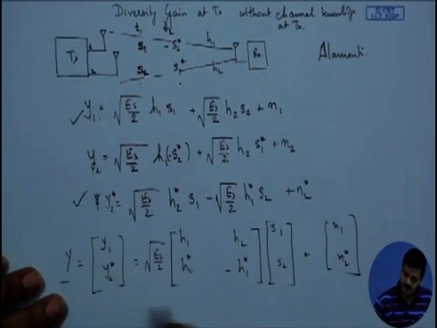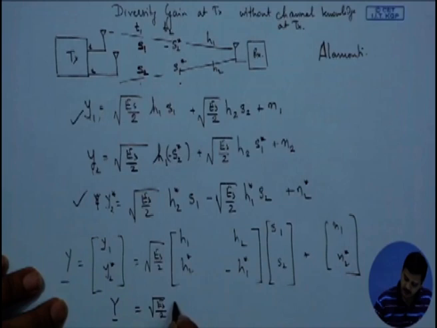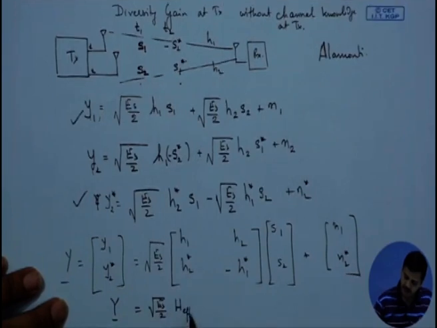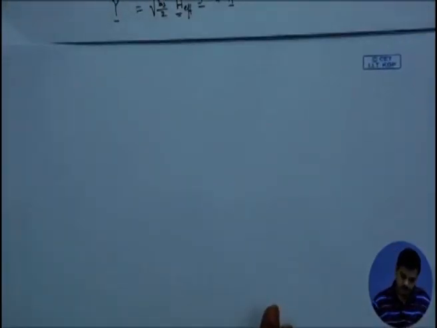So when I write the expression in this way, we are effectively writing y is equal to root over Es by 2 times h effective, this is the effective channel, times s, this is a matrix, plus some noise vector. So we have a linear equation, so we could use matrix algebra in working on this.